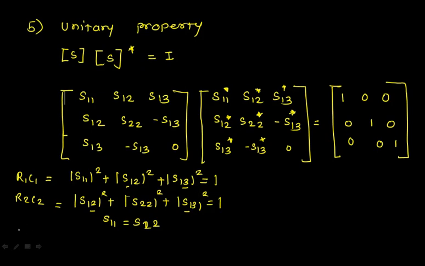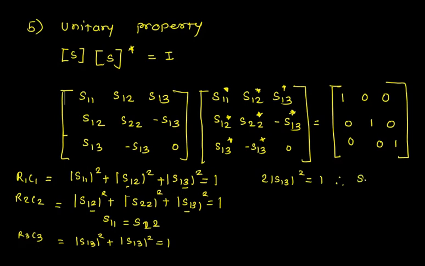Now I'll do r3 c3. This r3 c3 gives me S13 square plus S13 square is equal to 1. If I'm getting S13, I can find it very easily. So this becomes 2 S13 square is equal to 1.